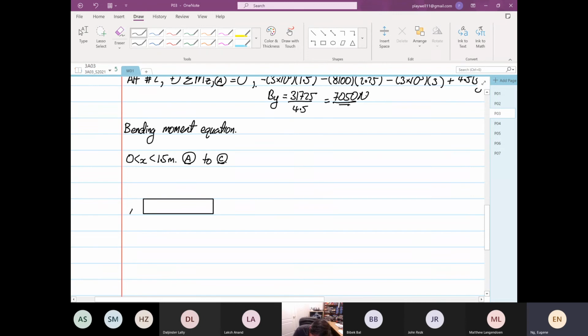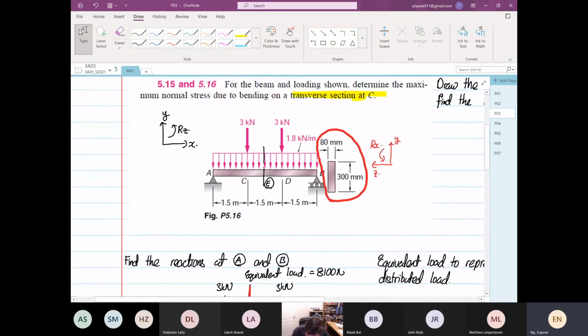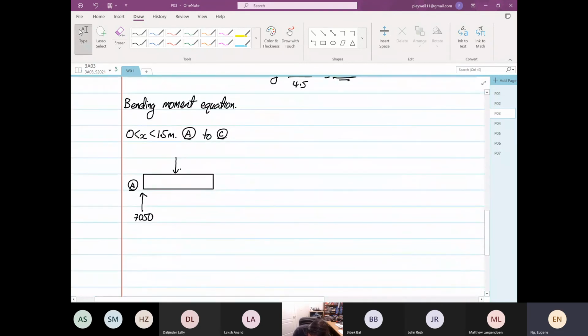So this is our point A, and we have a load over there, which will be equal to 7050. And we have a load coming down, which is 1.8 times 10 to the power 3 times x, and the distance from here to here is x.